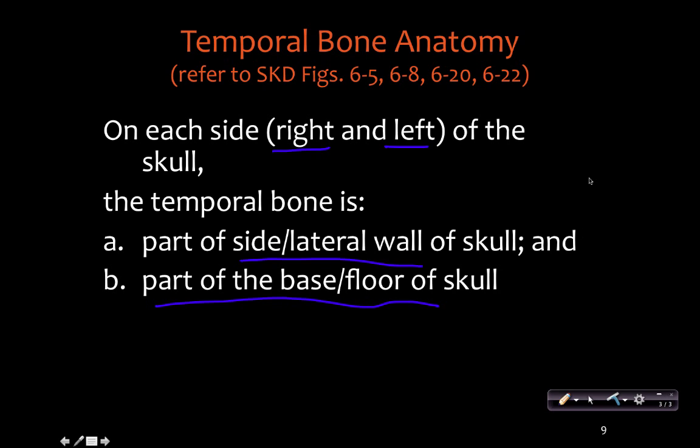If we look at a frontal section facing the person, and this would be on their left side, this would be the left lateral view, and this would be the left floor of the skull base.